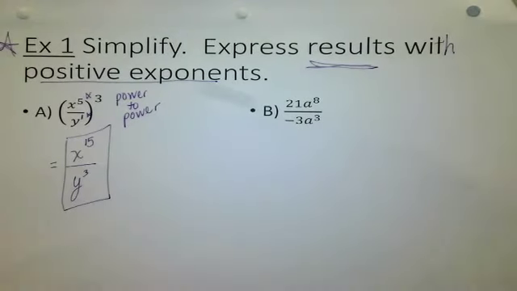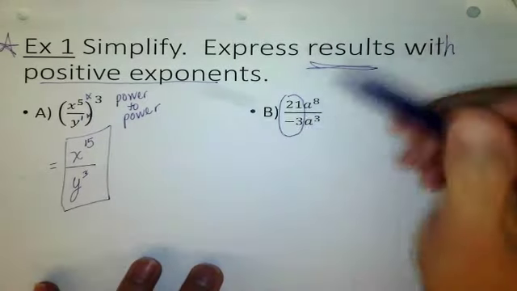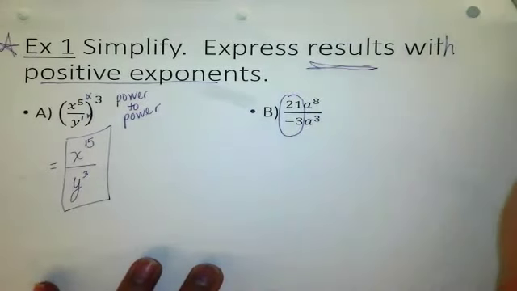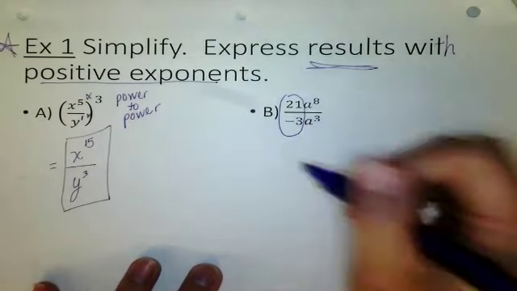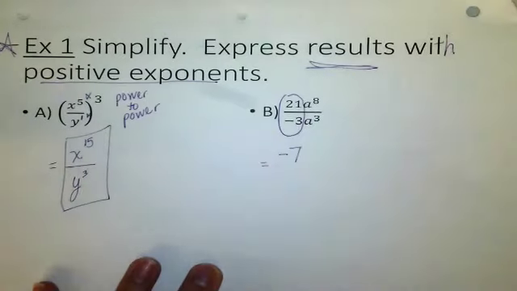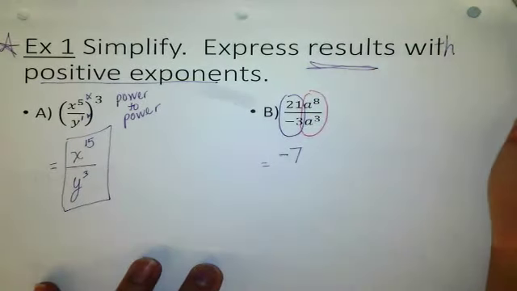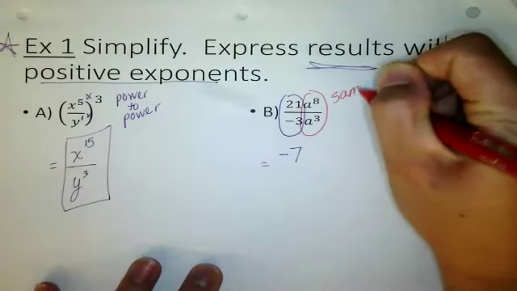What about B? Okay, very good. So this is a fraction, 21 divided by negative 3. You can reduce that fraction, and that's going to give you what? Negative 7. And then here, a to the 8th divided by a cubed. They have the same base.